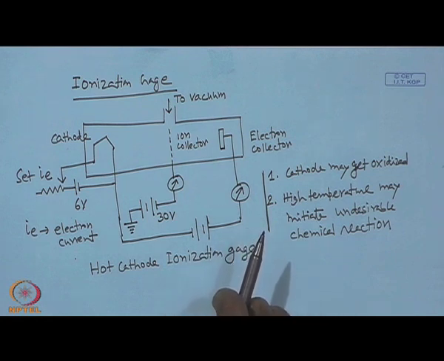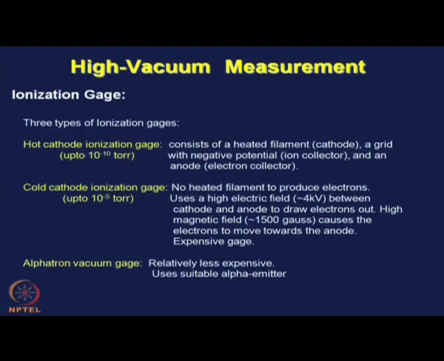Then a high magnetic field of about 1500 Gauss is imposed, which causes the electrons to travel towards the anode in a spiral path.